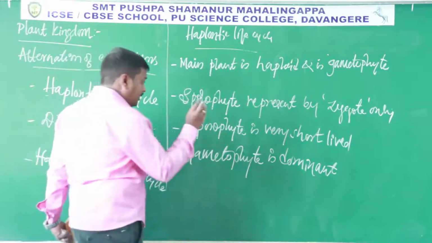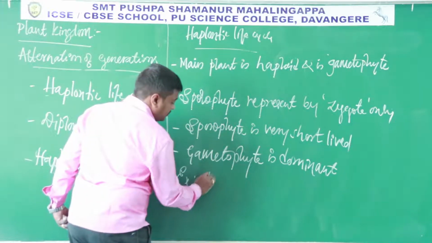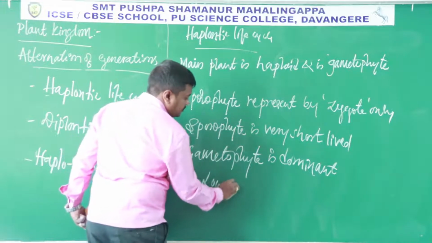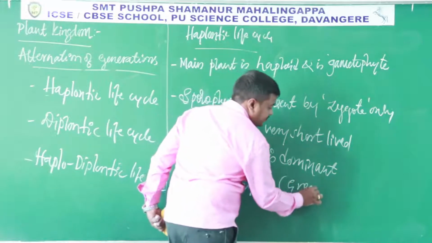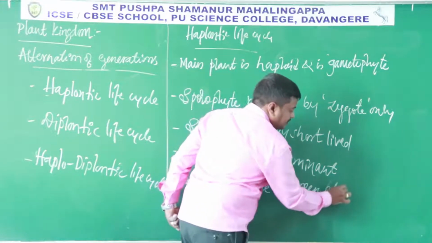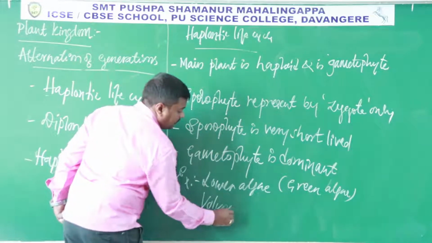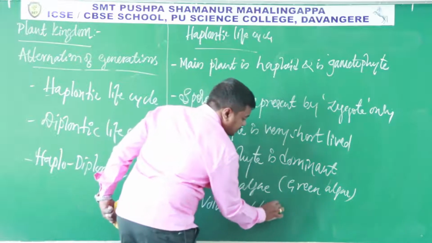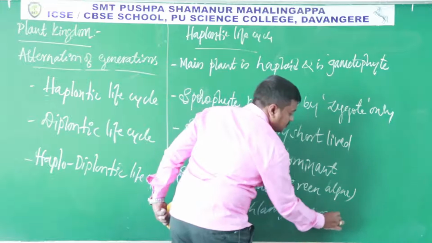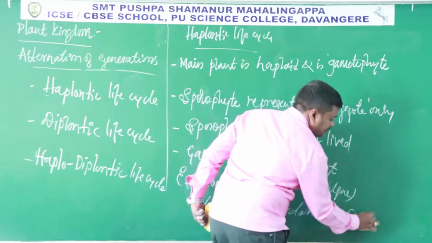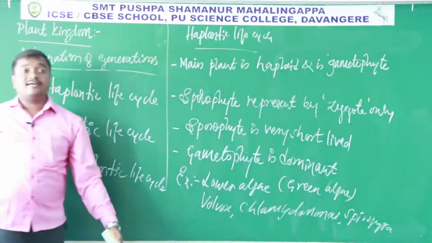Okay, so examples for this: lower algae, like in green algae, Volvox, Chlamydomonas, Spirogyra, they are all examples for this haplontic life cycle.